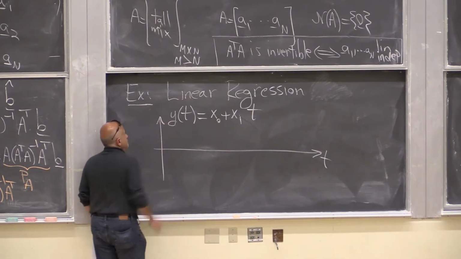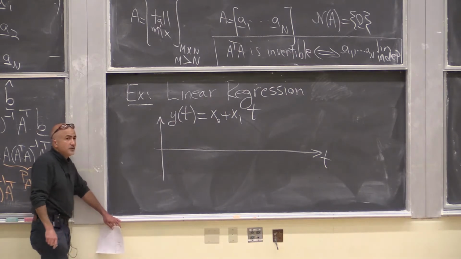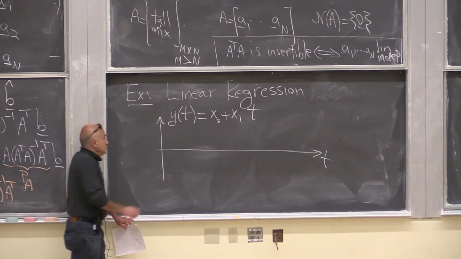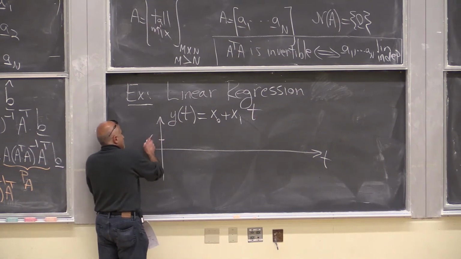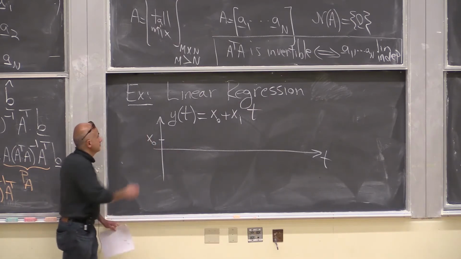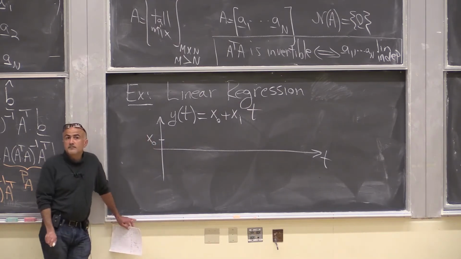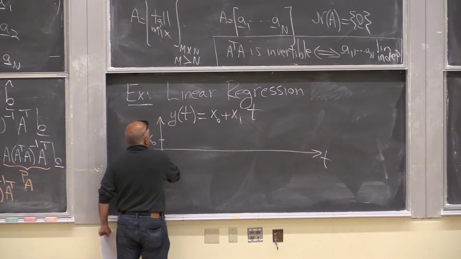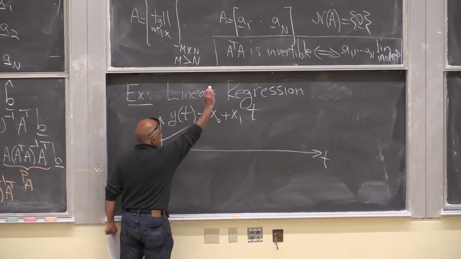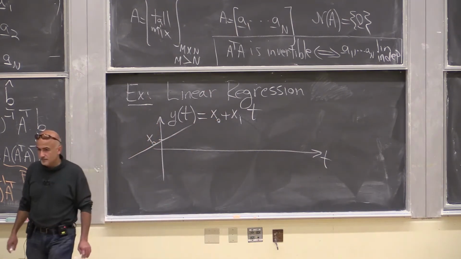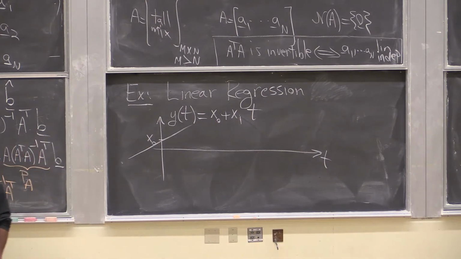So you know the vehicle starts at some initial position and is moving at a constant speed. What you don't know is what that initial position is and what the speed is. So there are two unknowns.